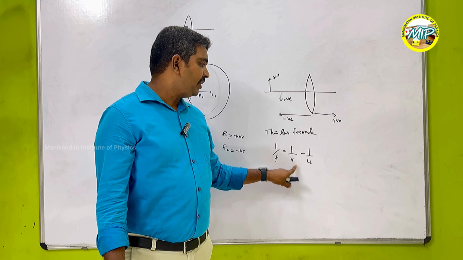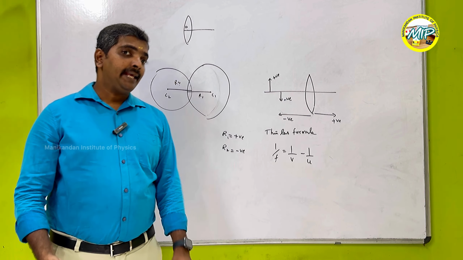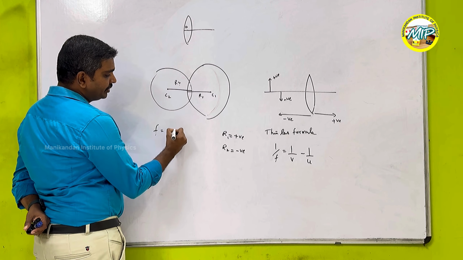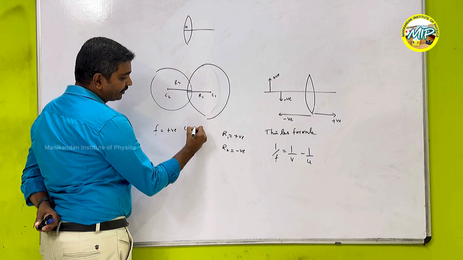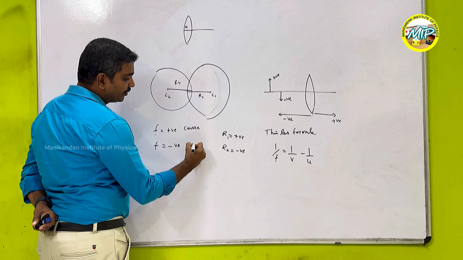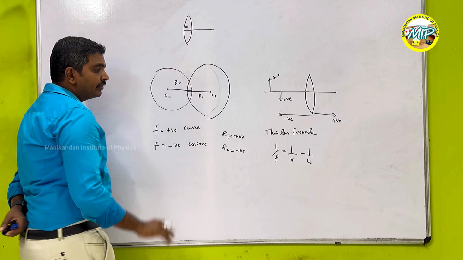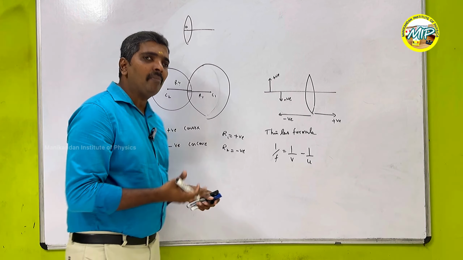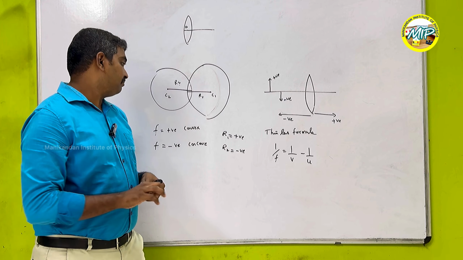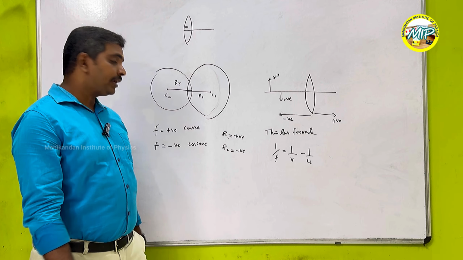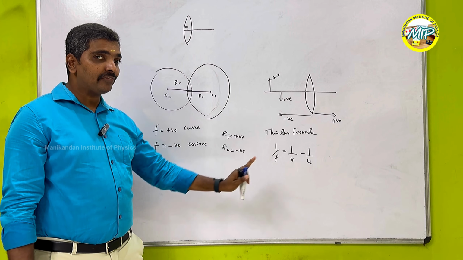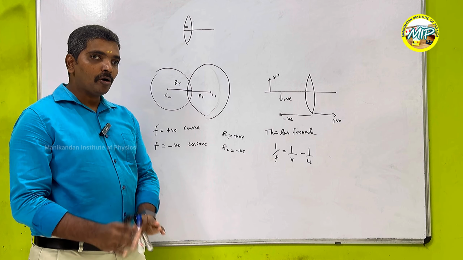So 1/v minus 1/u equals 1/f. The focal length is always positive for a convex lens and negative for a concave lens. These are the essential formulas required to solve the problems in today's class.